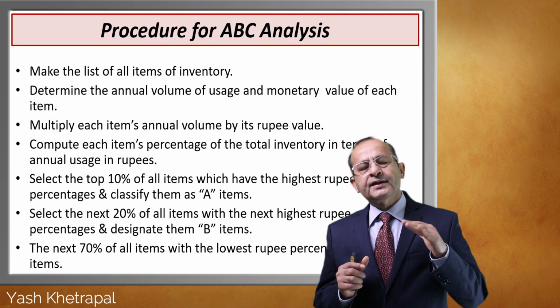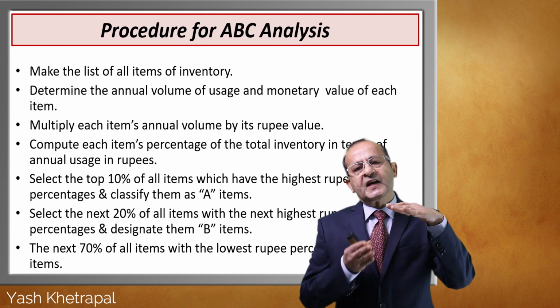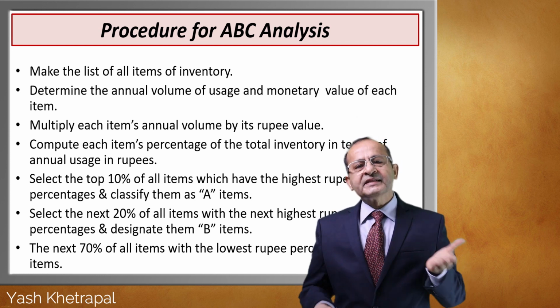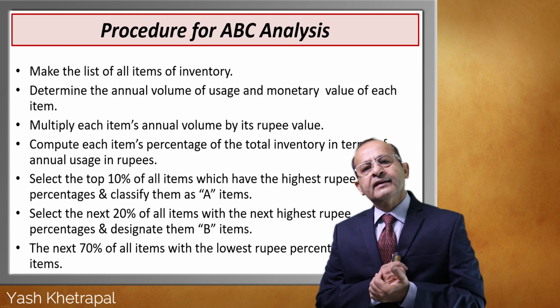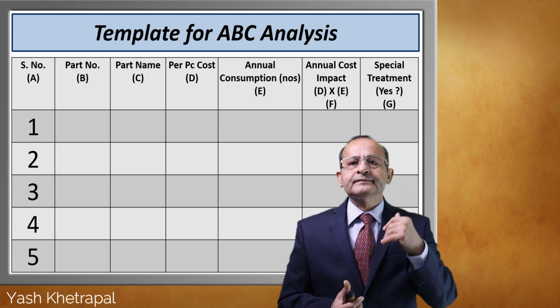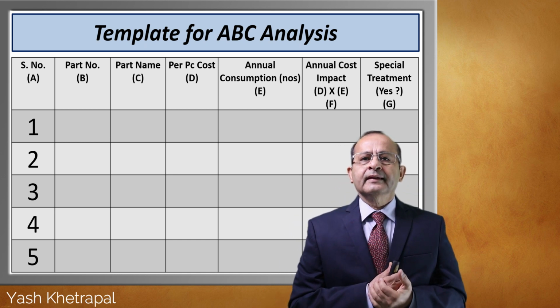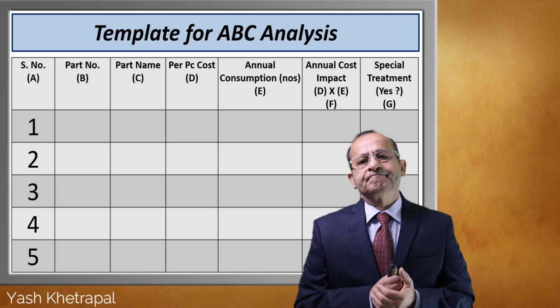Normally, top 10% items are called A. Next 20 are B. Remaining 70 are C. Like that. But take an item whose per piece cost is 500 rupees.